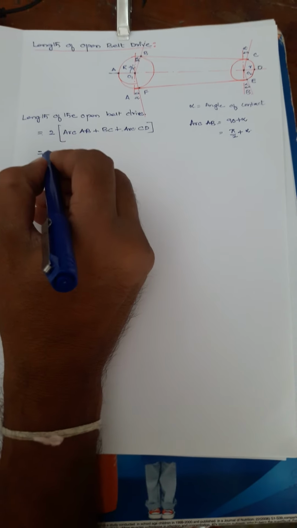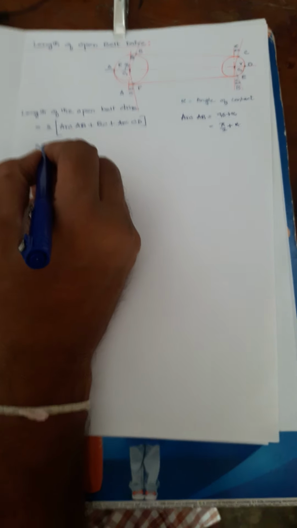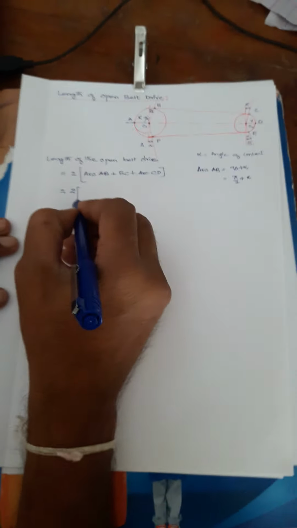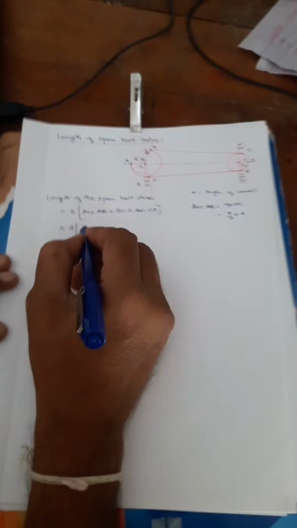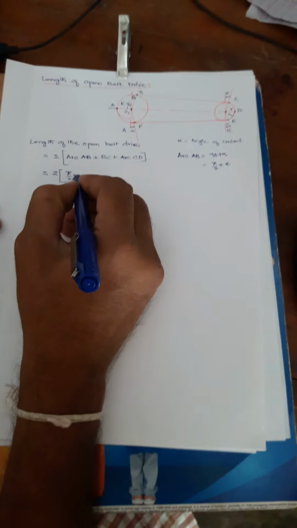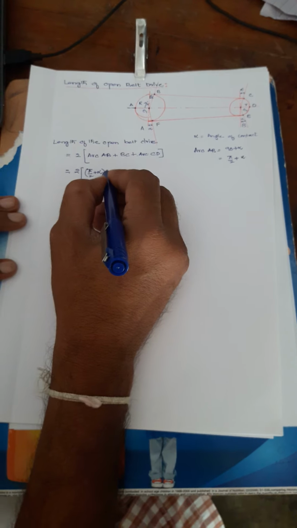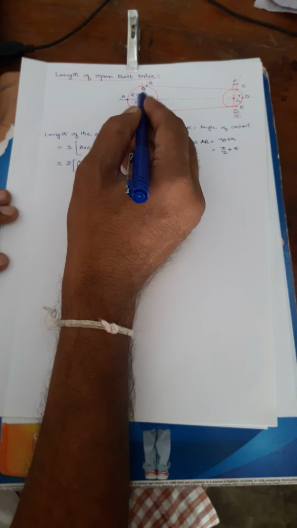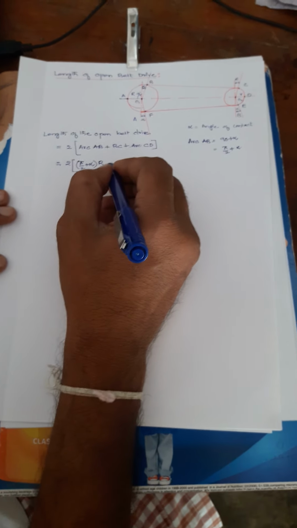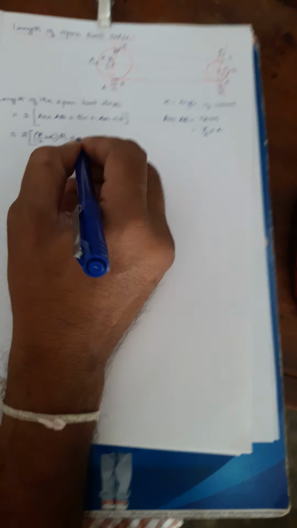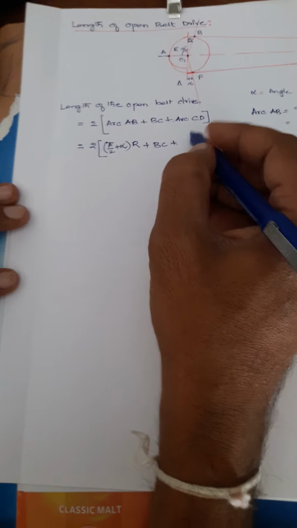Okay, so now I will write this equation in this form: 2 into pi by 2 plus alpha into capital R, plus BC, plus arc CD.